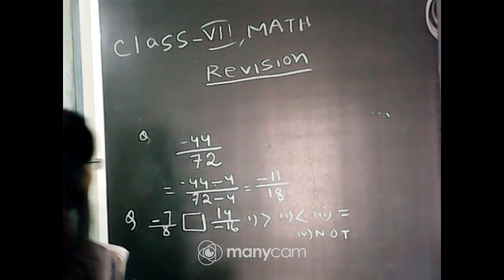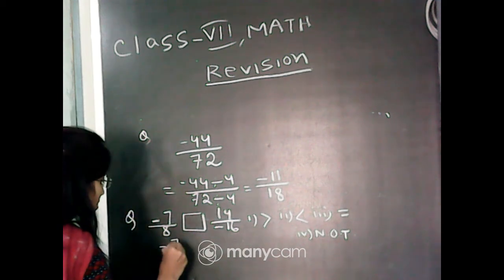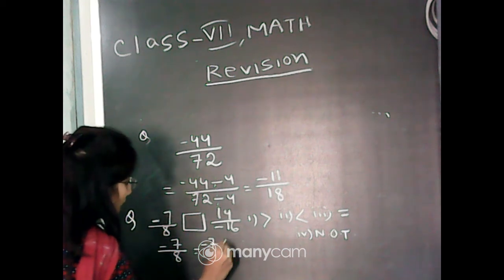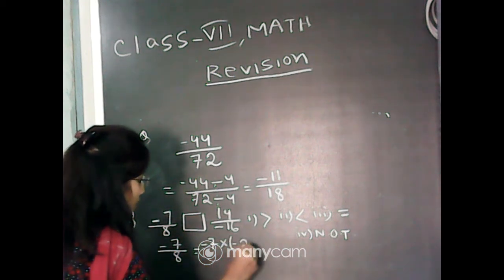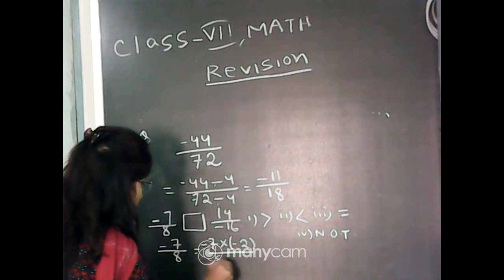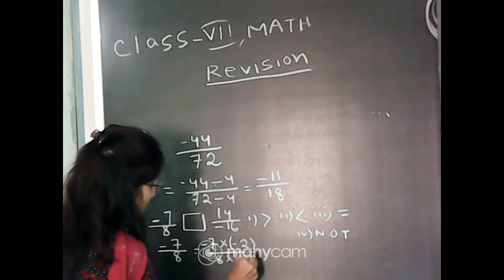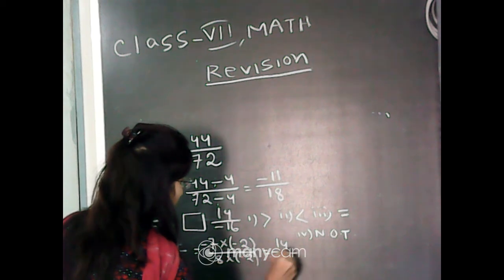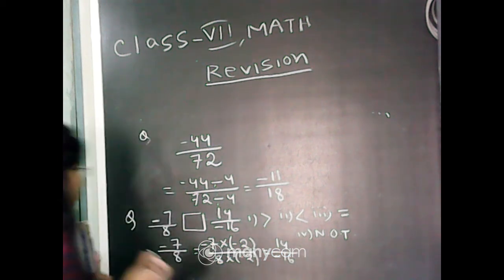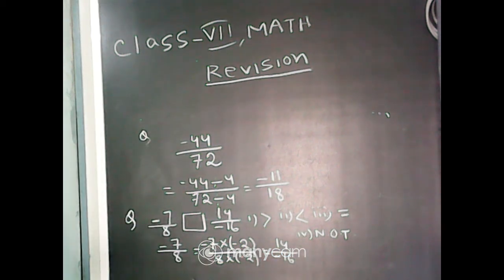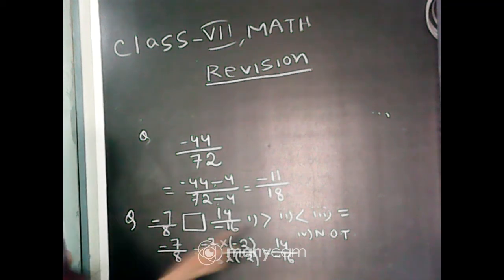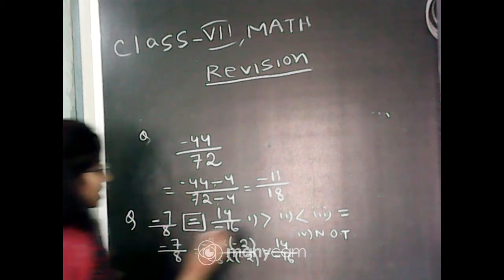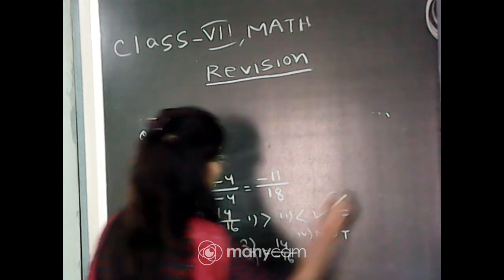Somdatta, very good. Because if we multiply both the numerator and the denominator by -2, we get 14 divided by -16. So, -7/8 is equal to 14 divided by -16. So, here the sign will be equal to, and option 3 is the correct answer.